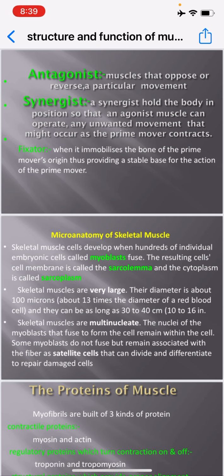A synergist holds the body in a position so that the agonist muscle can operate, preventing any unwanted movement that might occur as a prime mover contracts. Fixator: when it immobilizes the bone of the prime mover's origin, it provides a stable base for the action of the prime mover.